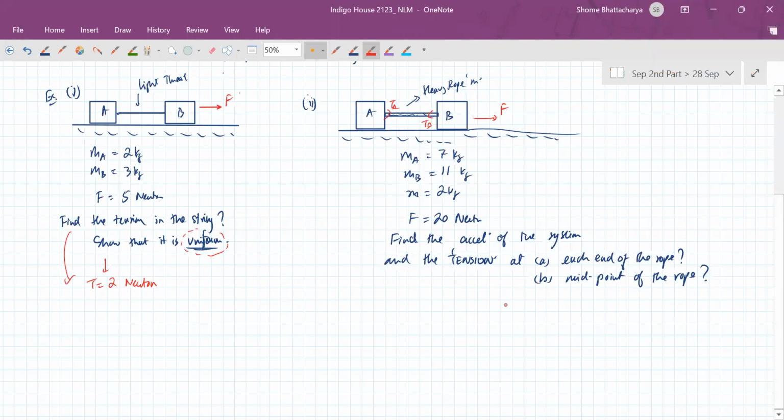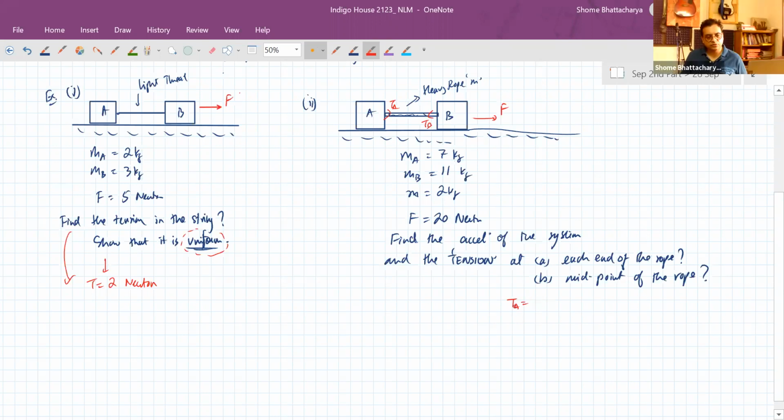Sir, how did you find it is 2 newtons? I'll explain. Try it yourself first from the free body diagram. Here also, the tension at this end will be, sorry, 7 newtons. But the tension at the other end, TB, will be greater than 7 newtons, you will see.